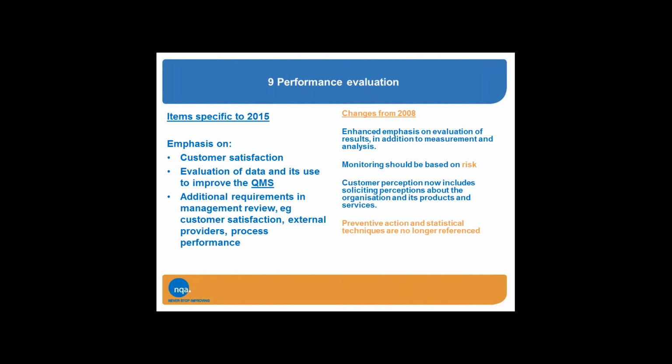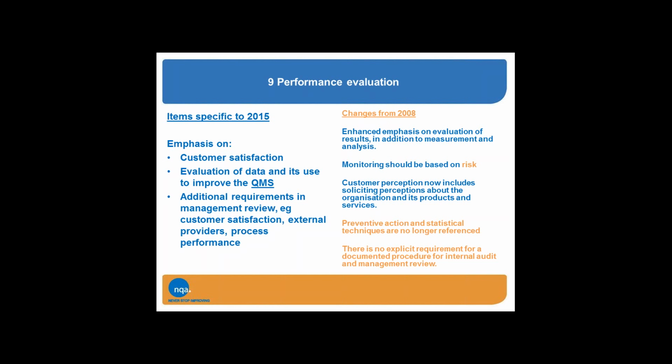And the terms preventive action and statistical techniques, they're no longer referenced. These are not terms that we see in the 2015 standard. And there's no explicit requirement for a documented procedure for internal audit and management review. And that's maybe going to surprise quite a few people, because we've drummed that message home for so long that you must have a documented procedure for these things.